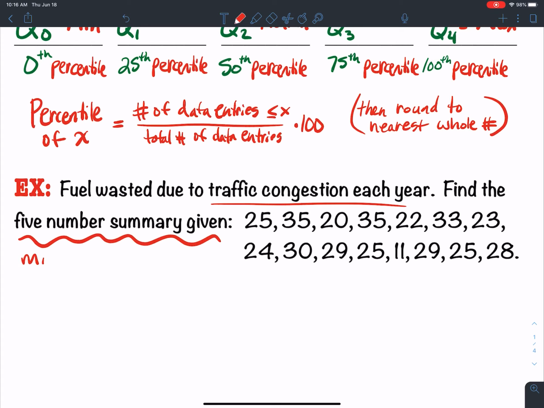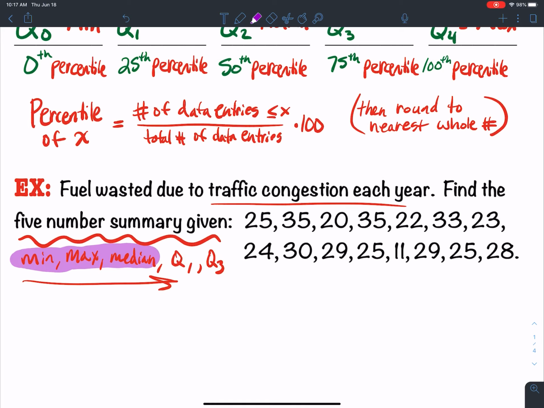So that means we want to find the min, the max, the median, and then Q1 and Q3 in this order, okay? Why in this order? I want to get the easy numbers first, and it will make sense in a little bit.